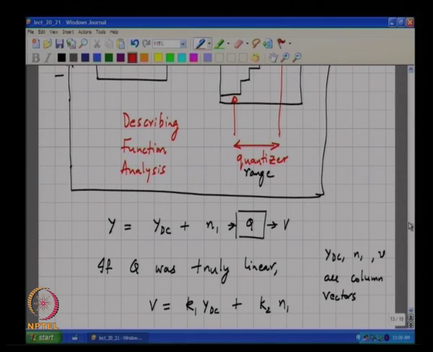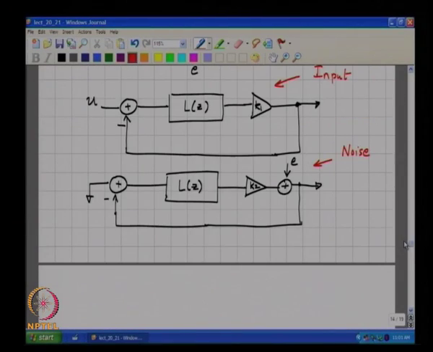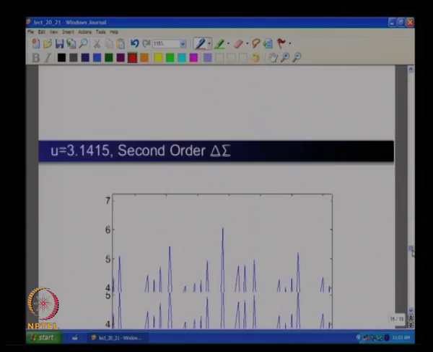This is a very routine thing that is used in nonlinear control systems, and it works quite well in many systems, though one should not be surprised that it does not work in several classes of systems. Okay. All right. Now given that we are armed with this new knowledge, let us look at what happens in a real quantizer.